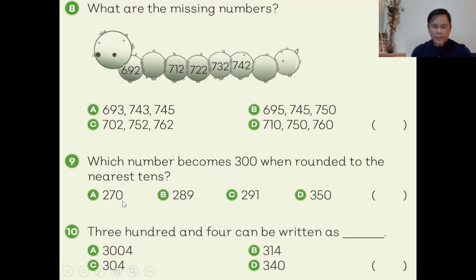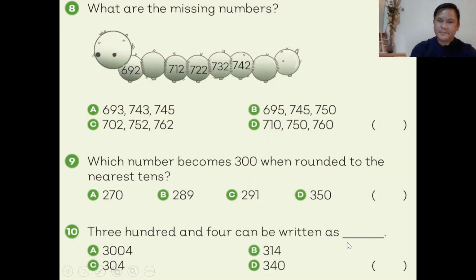So look at the ones. Is it A, B, C, or D? Number 10. 304 can be written as, so which one here is 304? Is it A, B, C, D?